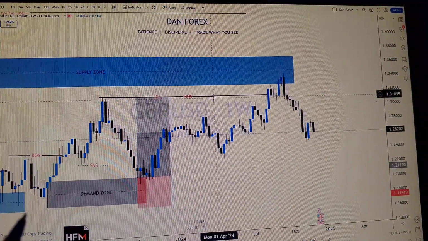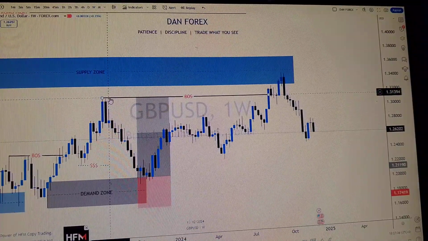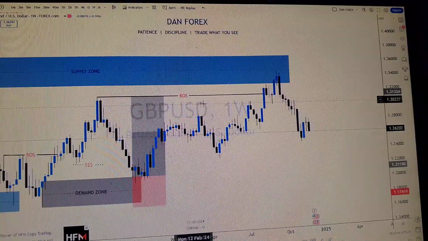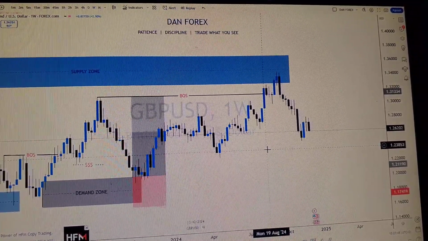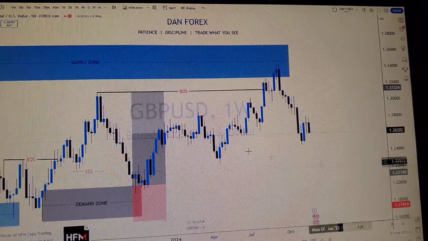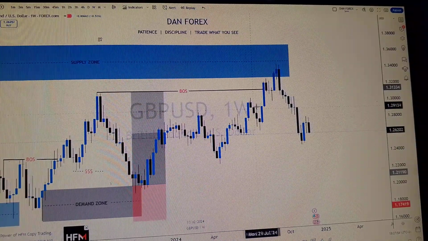But keeping in mind that this is an area of inducement on monthly, right? So after having that breakout structure, where is our demand zone and where is our liquidity or inducement? So having that breakout structure, we have, as you can see, what?